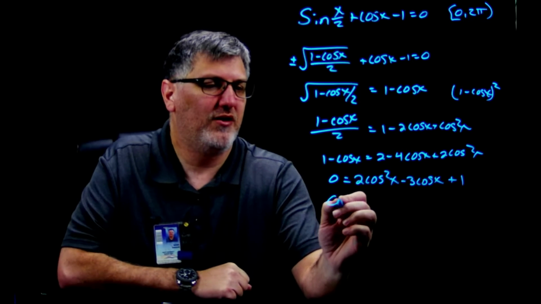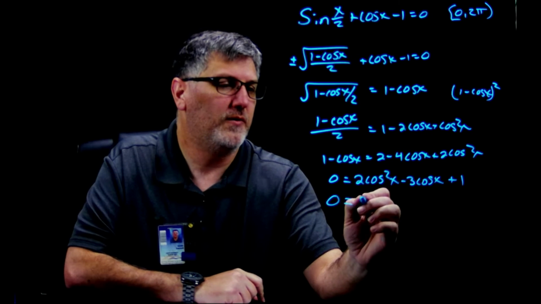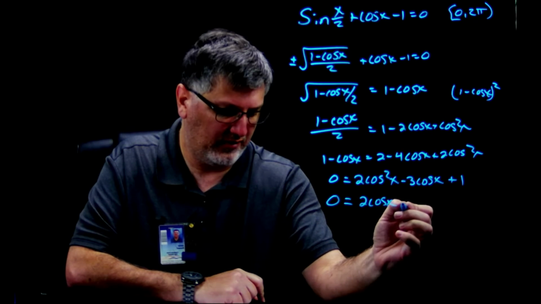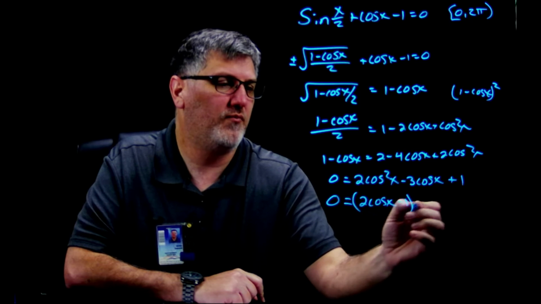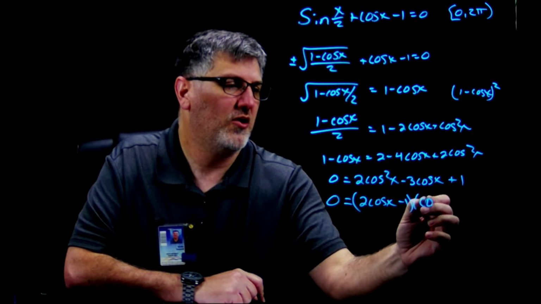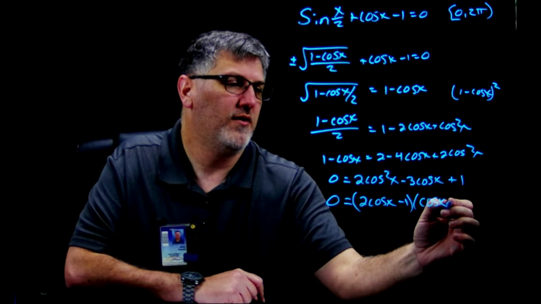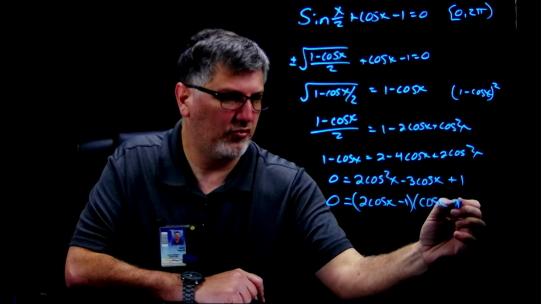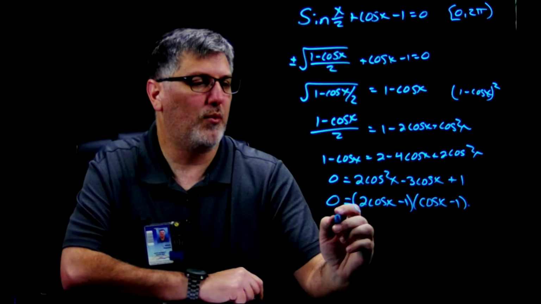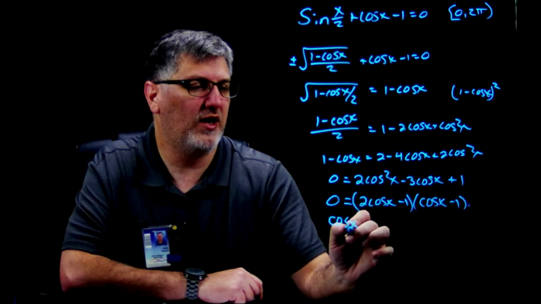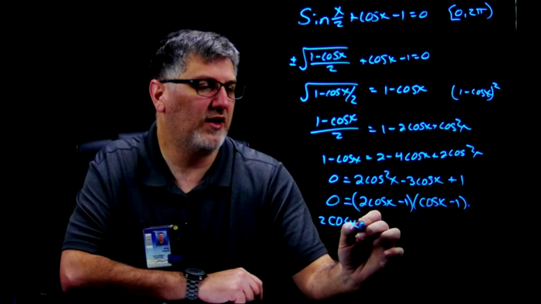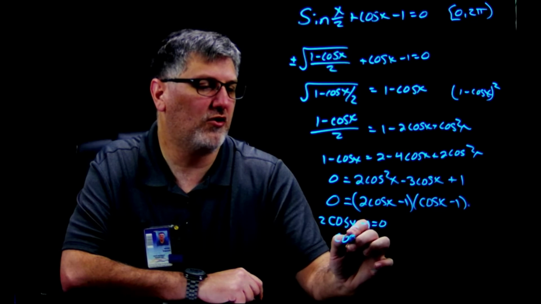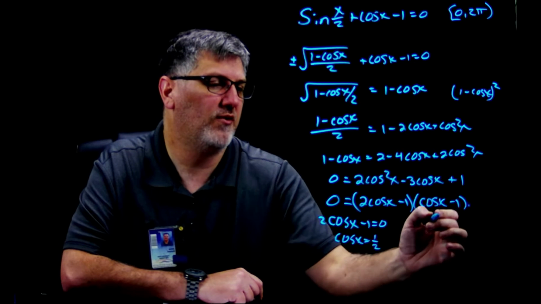Sorry about that. This factors into 2 cosine x minus 1 and cosine x minus 1. We set them both equal to 0. We get 2 cosine x minus 1 equals 0, which turns into cosine x equals 1/2.